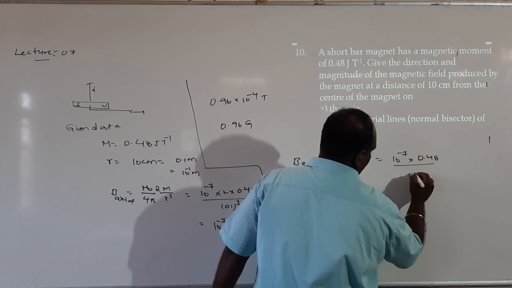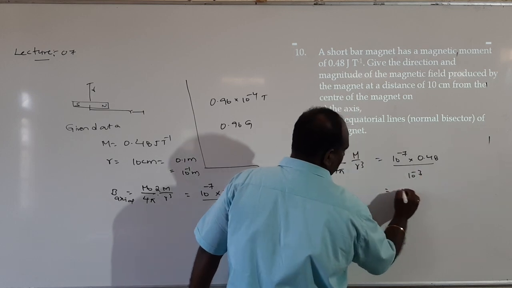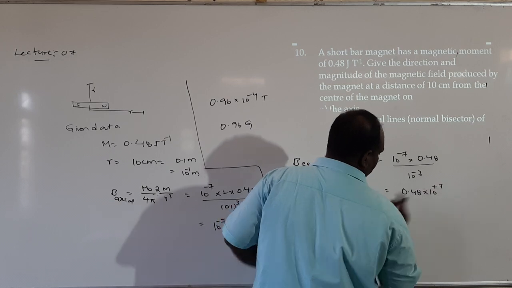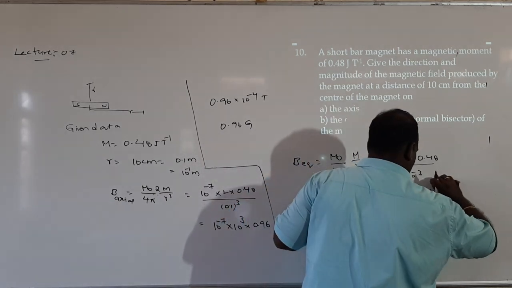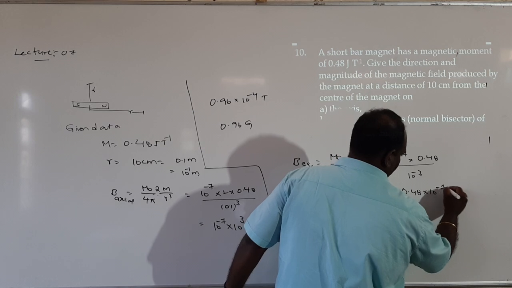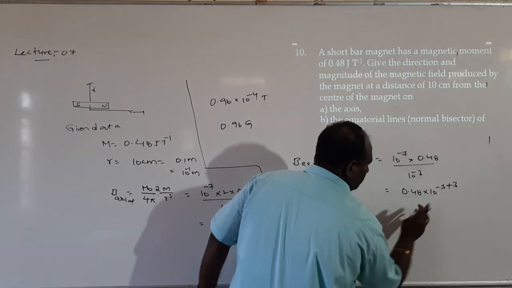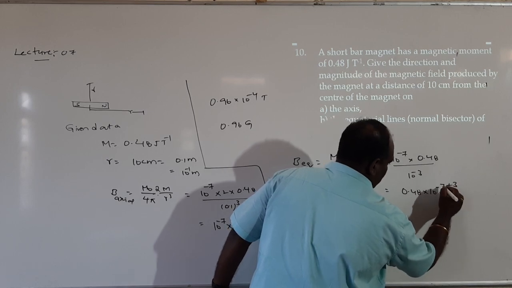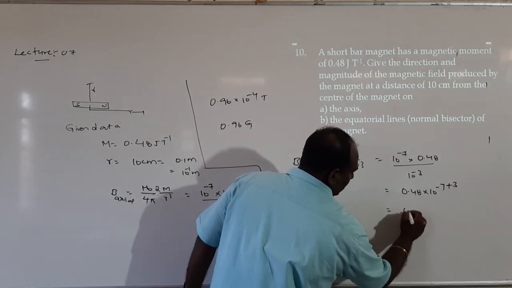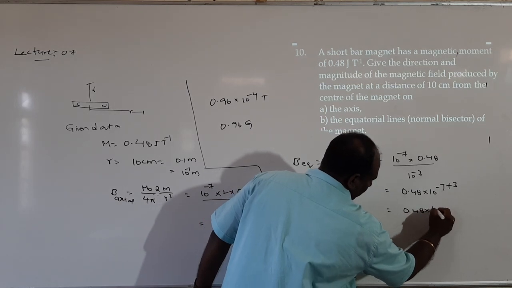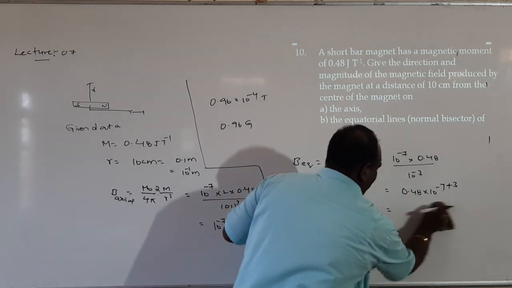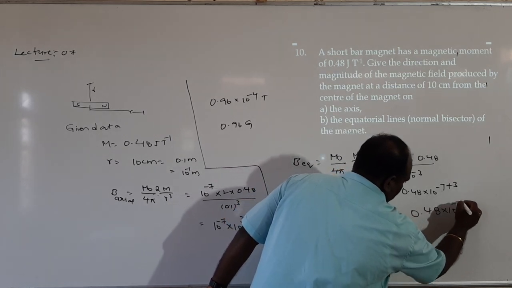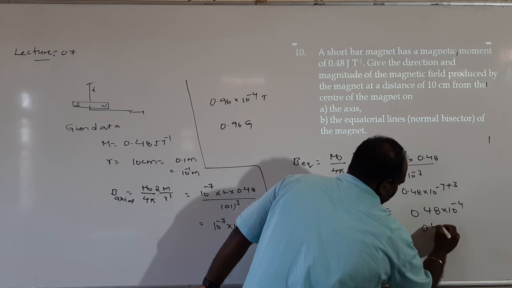So taking the sum, 10 power minus 7 plus 3, you will get 0.48 into 10 power minus 4.